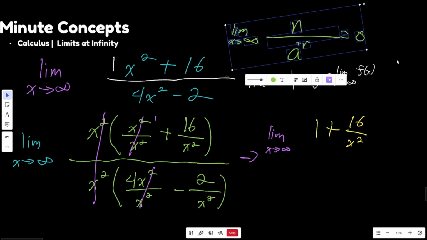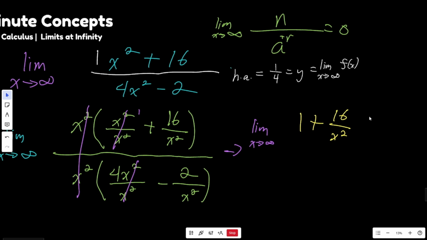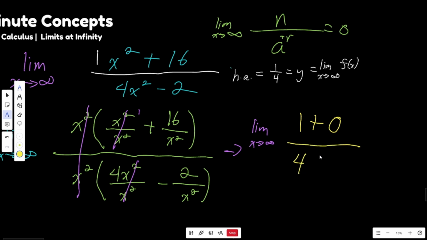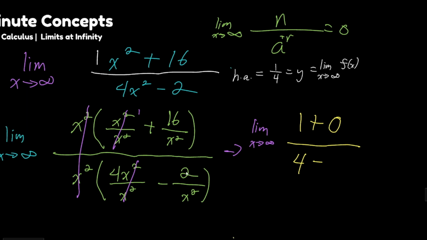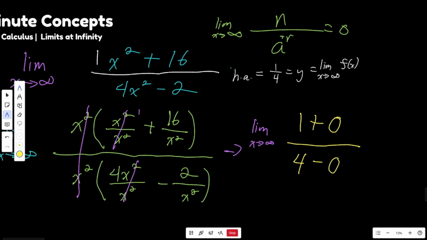We have a real number on the top, and we have a variable raised to a positive rational number. So we can also say that this is now equal to 0. 1 plus 0. Now on the bottom we have 4 minus another number that satisfies this condition, 2 over x squared. Since that's also equal to 0, we're now brought here.